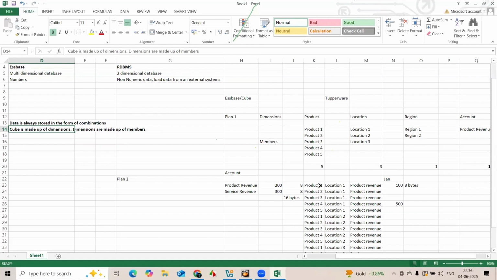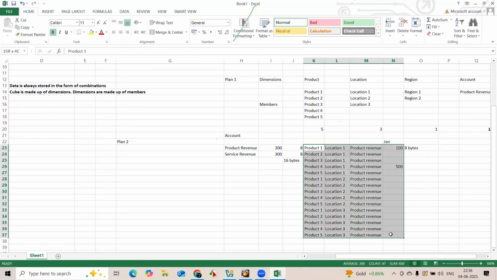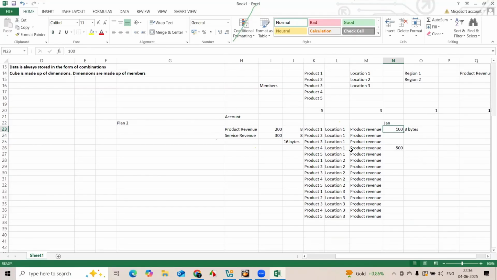For example, in an RDBMS you can store the same combinations there also, right? Product 1, location 1, you can have in an RDBMS. It will be stored. But if you want to show your client, for all the locations, how much data there has been, you want to group the product revenue with respect to each location.